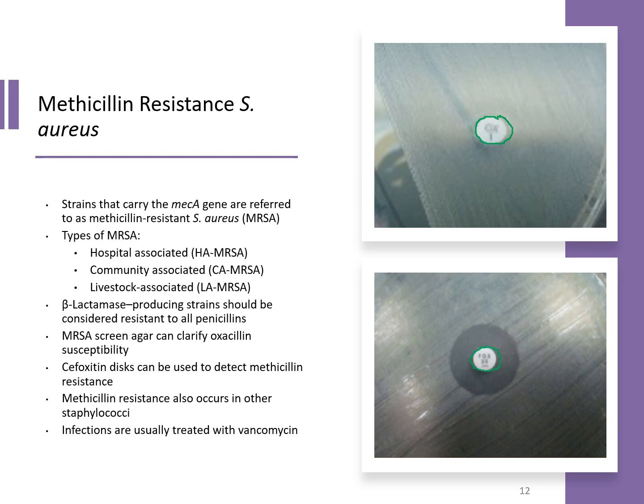And what you're looking for is an organism that is resistant, so you have growth all the way up to it, and an organism that is sensitive. If that organism is resistant to that particular disc, then it is considered to be resistant to methicillin. This would be where you would determine if this organism is MRSA, or methicillin resistant Staph aureus.